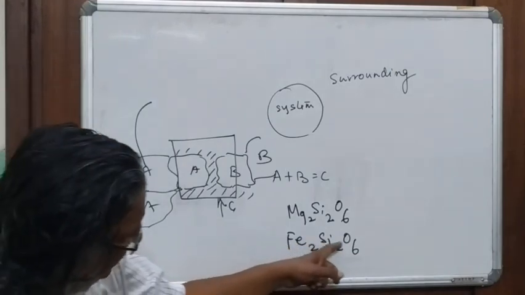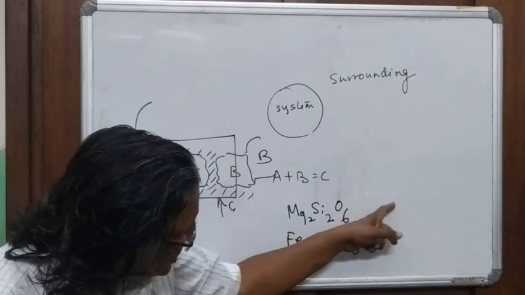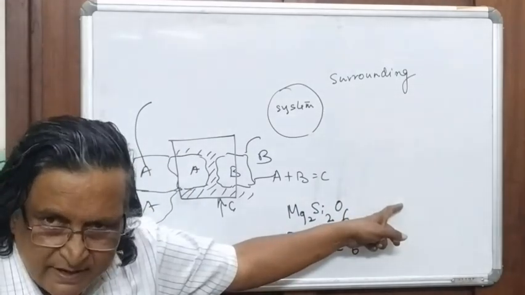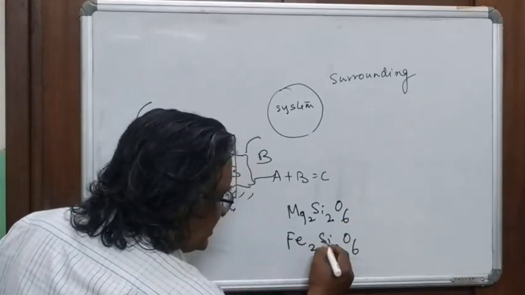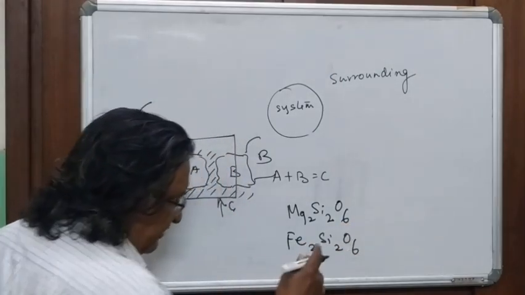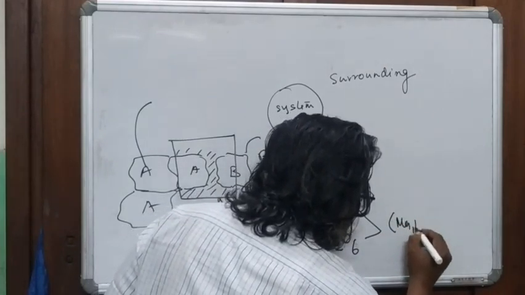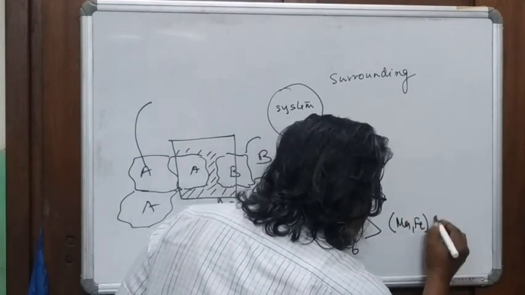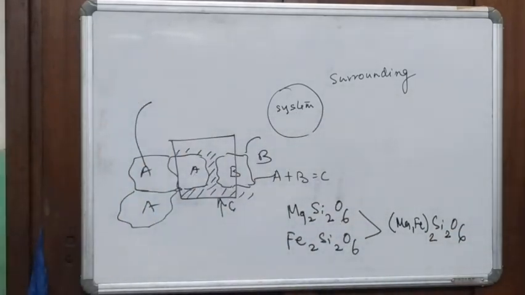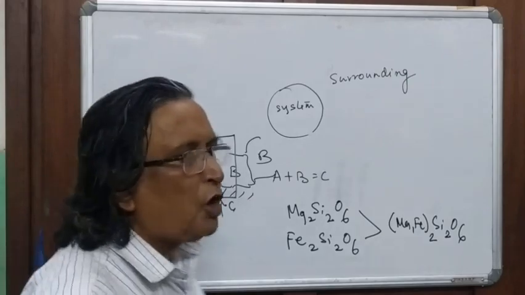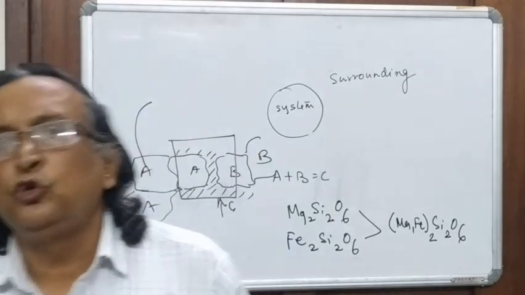So Fe2Si2O6 and Mg2Si2O6. Mg2Si2O6 is one end member of the phase, and Fe2Si2O6 is another end member, and the phase is (Mg,Fe)2Si2O6, and this mineral is called orthorhombic pyroxene, or you might have heard the name as orthopyroxene.